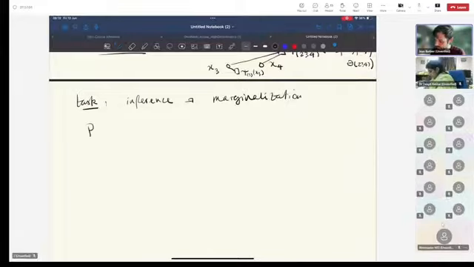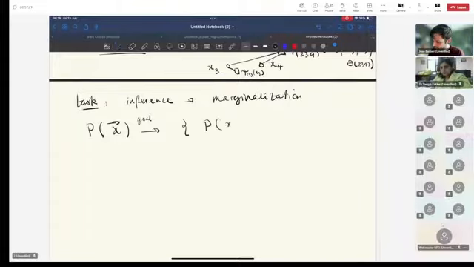Given the joint law of all the x's, which is a big vector, I will drop the dependence on theta, but this law again can depend on some additional parameters. The goal is to obtain the marginals. Let's say there are n variables.